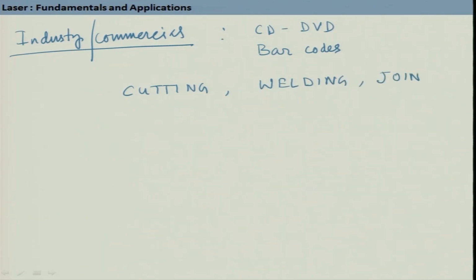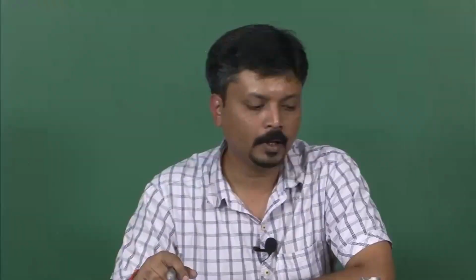These are certain processes which metallurgists use very often, and in industry these are done on a large scale, and all these processes can be done using lasers. So there are now terms called laser cutting, laser welding, laser pinning, and so on.